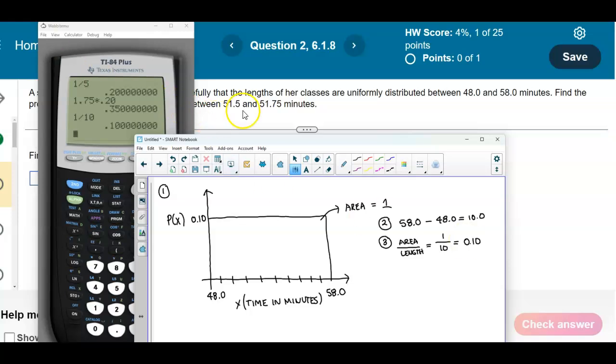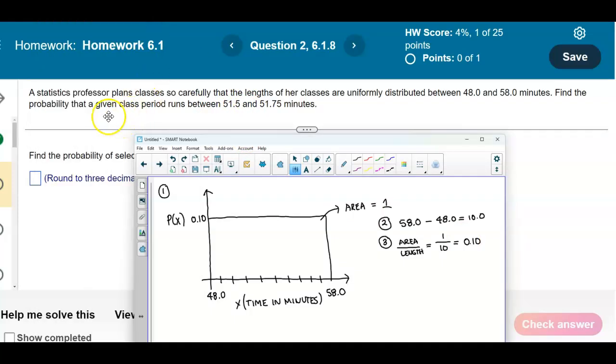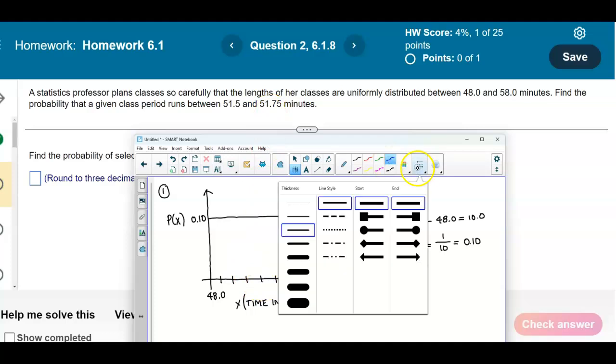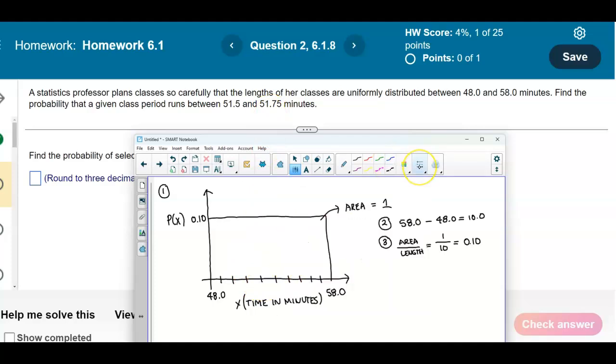Okay, now what we want to do is find the probability that the given class period runs between 51.5 and 51.75 minutes. So we have to locate that on our graph. Well, if this is 49, this is 50, this is 51, and then this is 52.